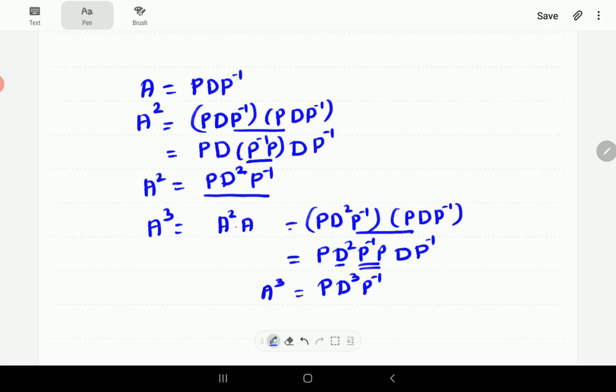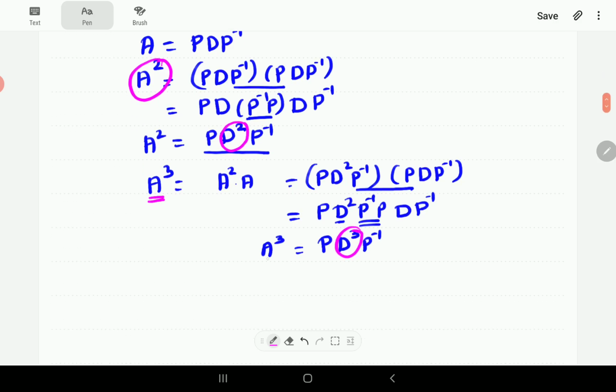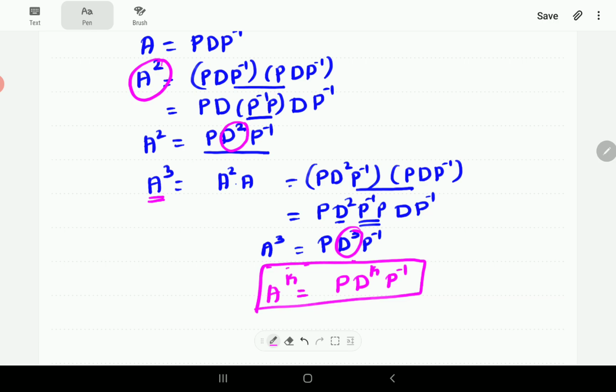Observe carefully now. When you want A square, we simply take P D square P inverse. When you want A cube, it is P D cube P inverse. So in general, when you continue, when you want A to the power k, it is simply P D to the power k P inverse. This is the beauty of diagonalization.